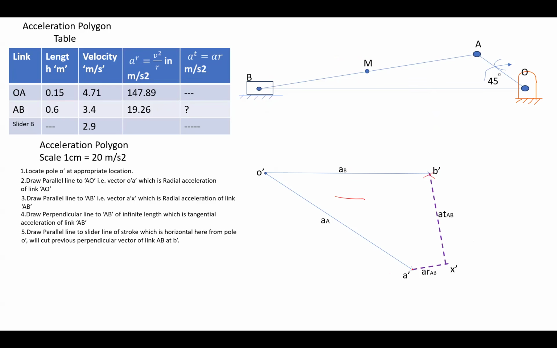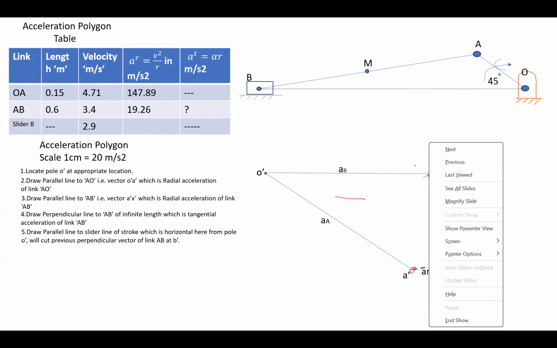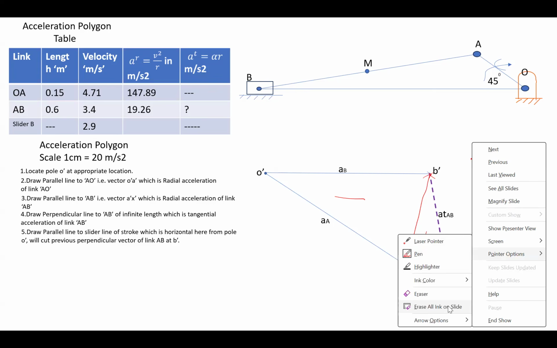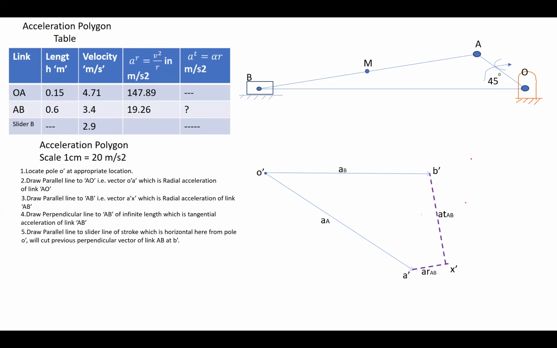Now you have to check: the radial component of AB starts here, and the tangential component ends here. So you have to draw one line here, which gives the net resultant acceleration of AB. So see here, this is the resultant acceleration of AB.